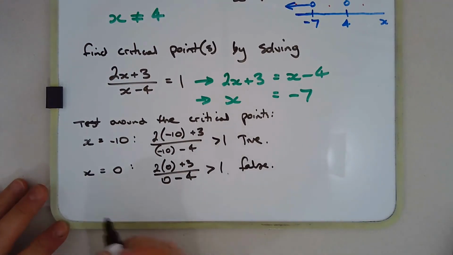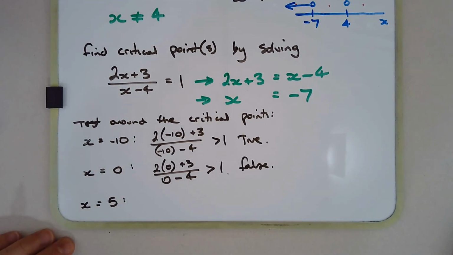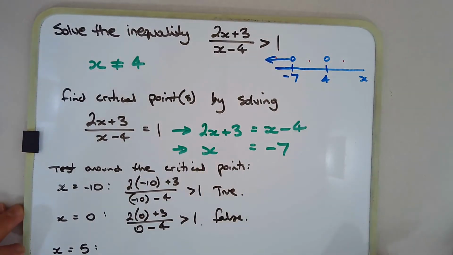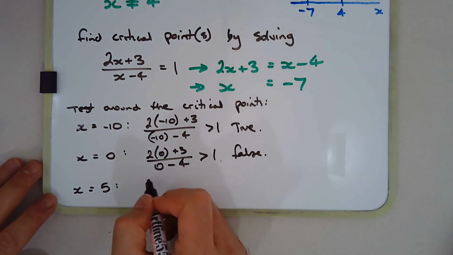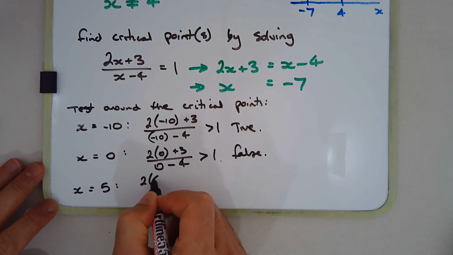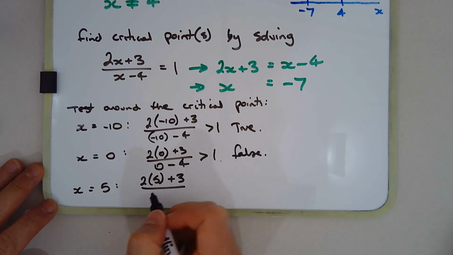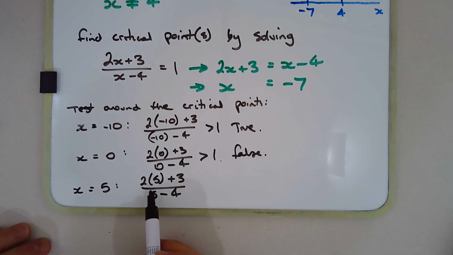And the last point, let's pick x equals 5. Check to see that the value of this fraction is in fact greater than 1. And I suspect it will be. So let's do that. 2 outside of 5 plus 3 over 5 minus 4, and that's really handy.